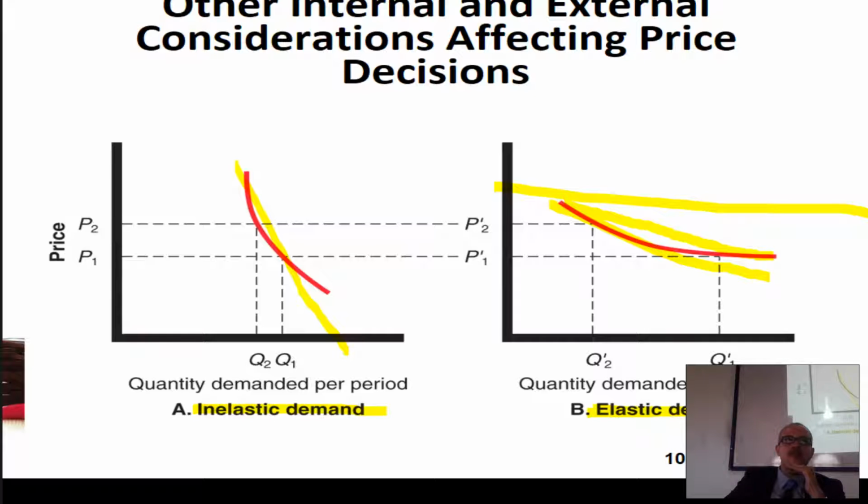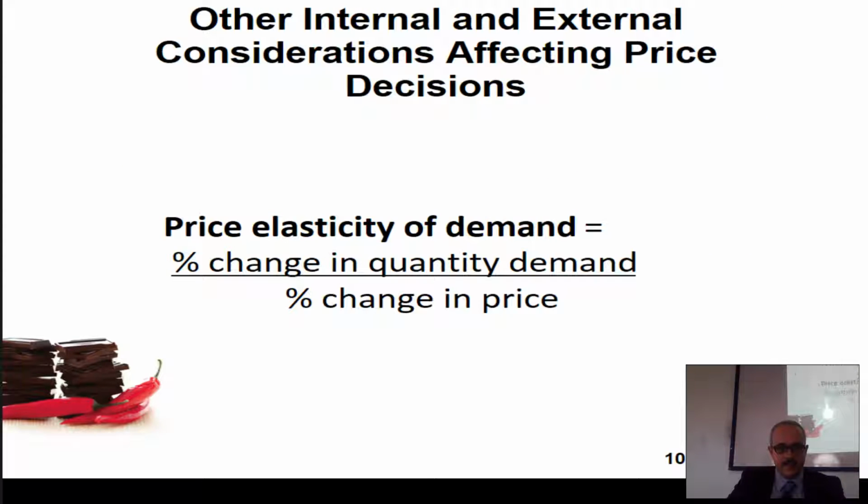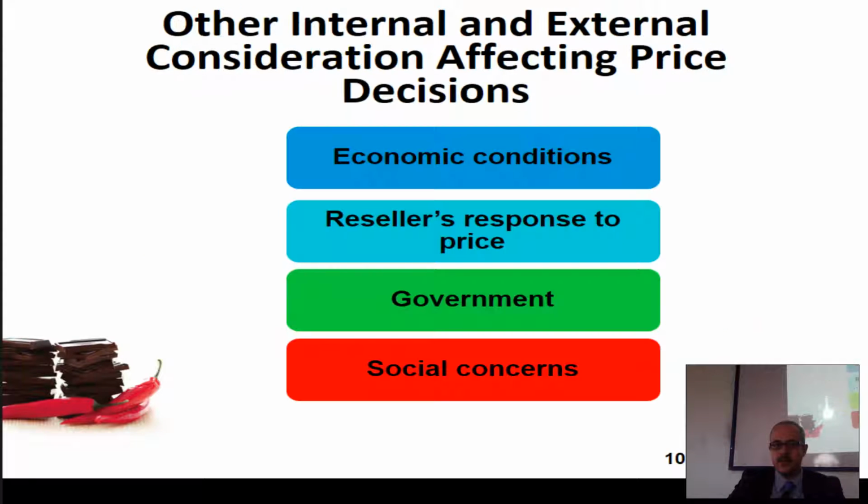If fish becomes very expensive, people will stop eating fish and go to meat. If meat becomes expensive, people will move to chicken. If chicken is expensive, people will move to something else. This is elasticity. You guys remember how to calculate elasticity? Change in quantity over change in price. You take that in your managerial mathematics.